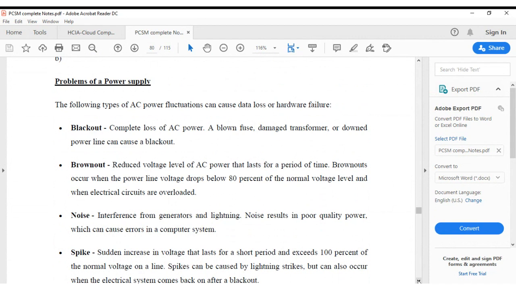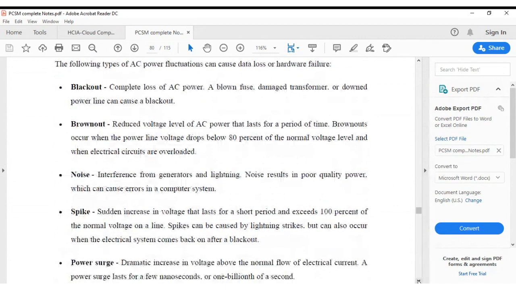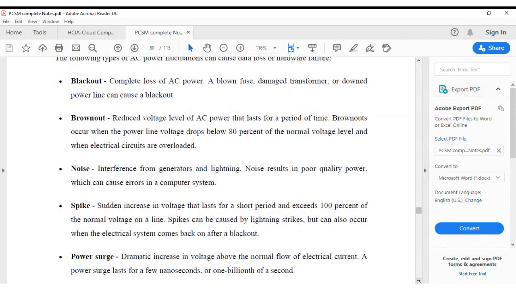Then we have a brownout. Brownout is a reduced voltage level of AC power that lasts for a period of time.